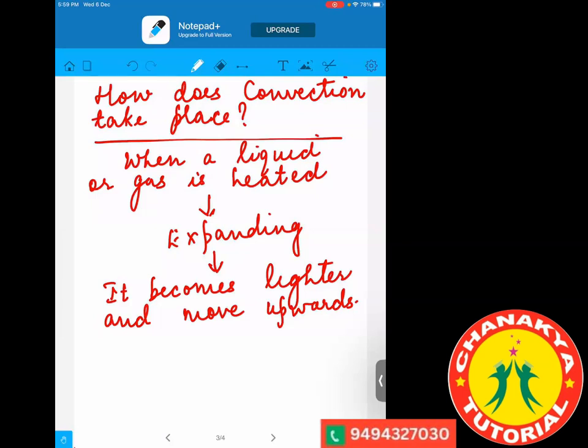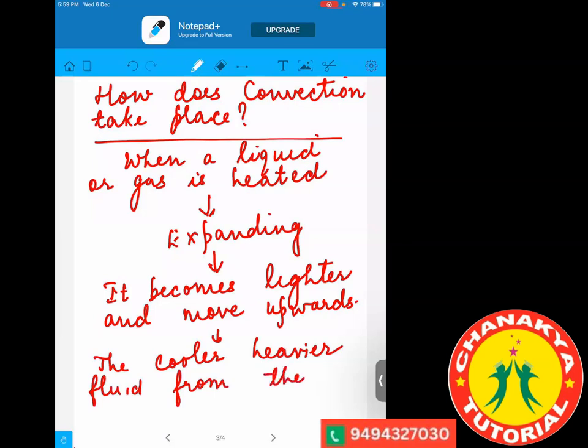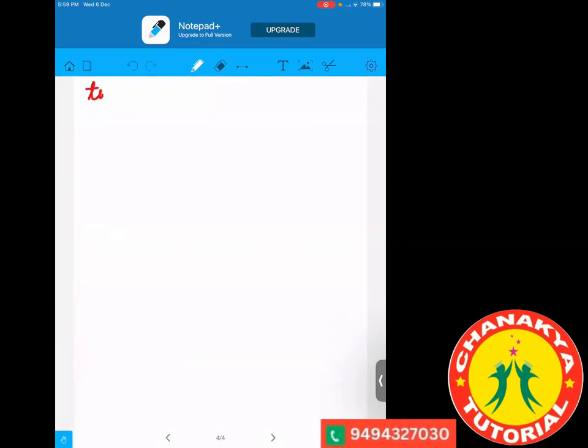Now, after this, the next step is the cooler, heavier fluid from the surrounding rushes to take its place.